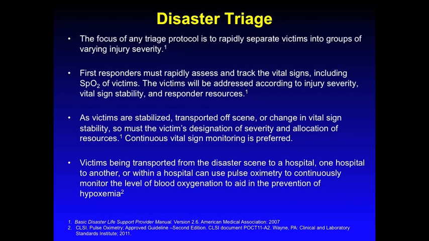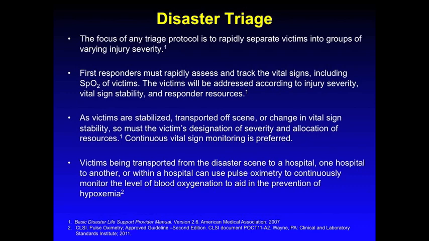First responders must rapidly assess and track the vital signs, including oxygen saturation of victims. The victims will be addressed according to injury severity, vital sign stability, and responder resources. As victims are stabilized, transported off scene, or change in vital sign stability, so must the victim's designation of severity and allocation of resources. Continuous vital sign monitoring is preferred.